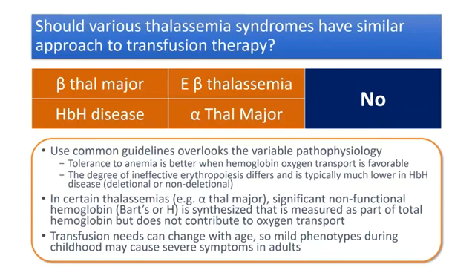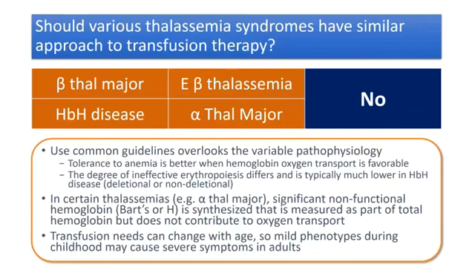First, the use of common guidelines overlooks the variable pathophysiology of the different thalassemia syndromes. So patients, as I already mentioned, could have different tolerance to anemia and different oxygen transport characteristics. And the second is that the degree of ineffective erythropoiesis also differs. And typically, alpha thalassemia syndromes have much lower ineffective erythropoiesis.